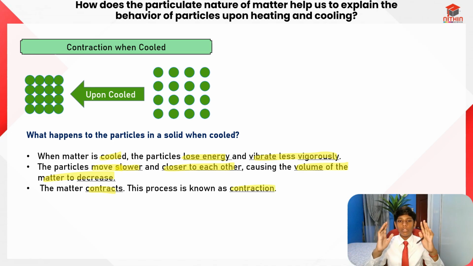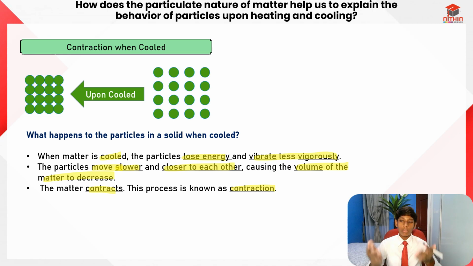So let's take a look at that. For contraction, when the matter is cooled, the particles lose energy and vibrate less vigorously, and the particles move slower and closer to each other, causing the volume of the matter to decrease.